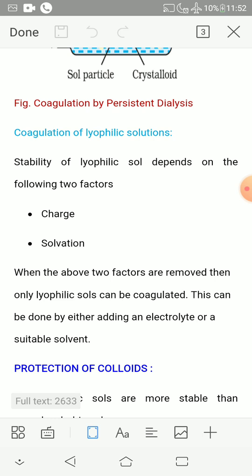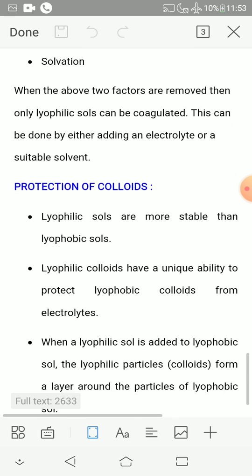The first one was the lyophobic solution. Only when these two factors are removed can a lyophilic sol be coagulated. For this, you have to remove the charge and solvation, and this can be done by either adding an electrolyte or a suitable solvent.